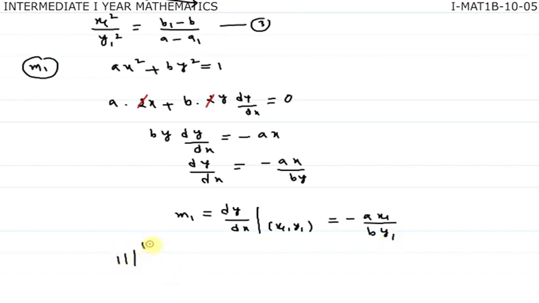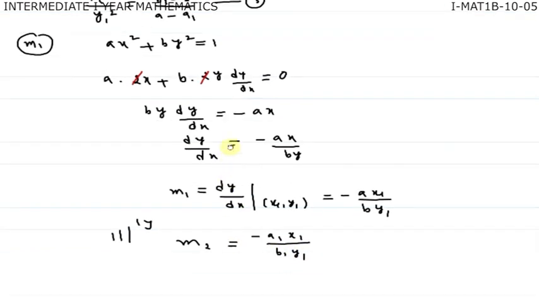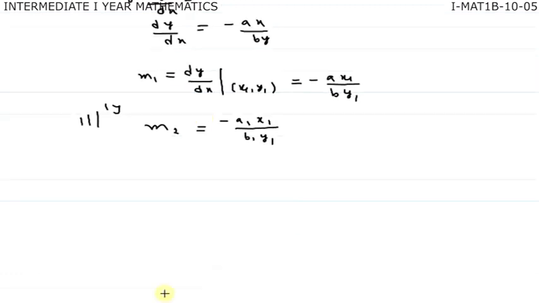Similarly, I can write m2 directly here. The difference is a1 is there instead of a, and b1 instead of b. I can write minus a1 x1 divided by b1 y1. Again, what is given here? m1 into m2 is equal to minus 1 is given.